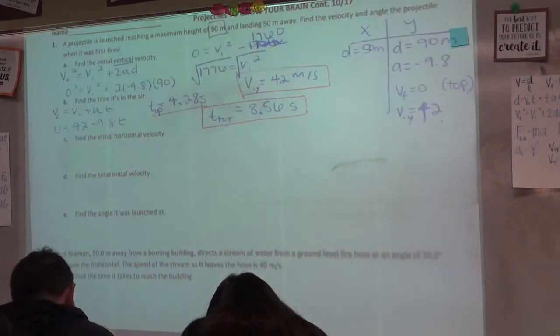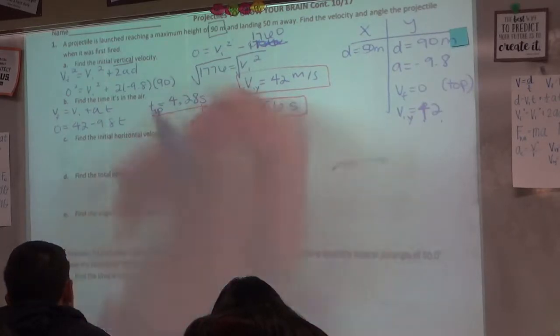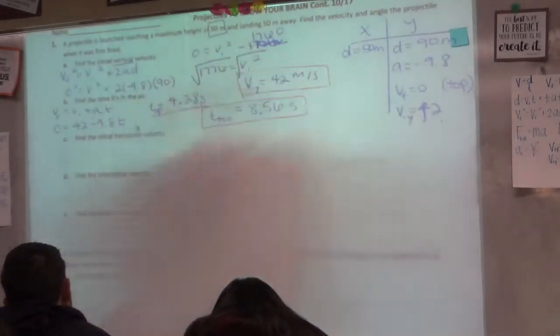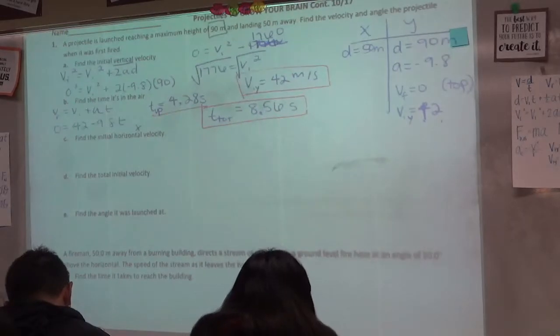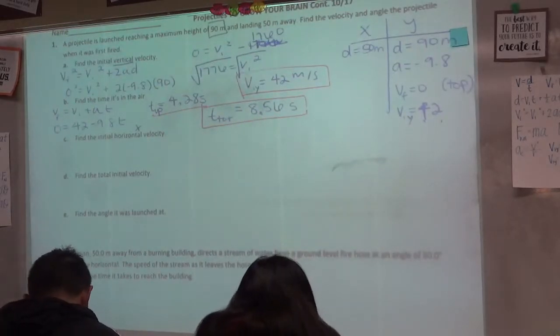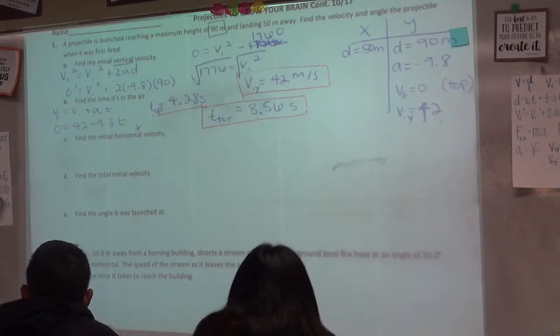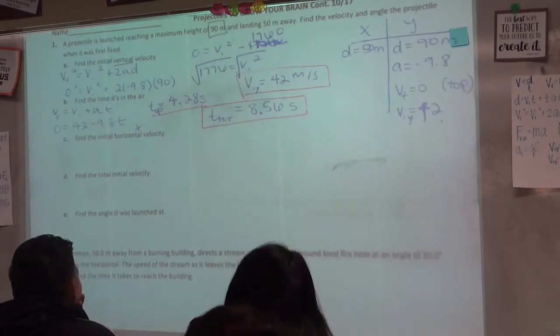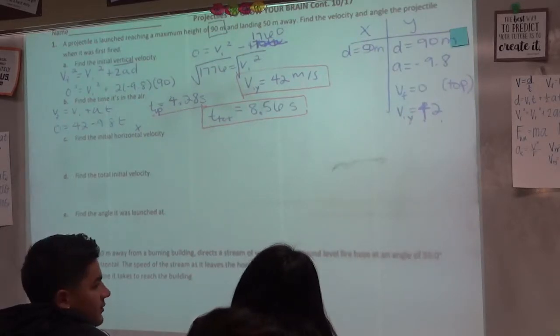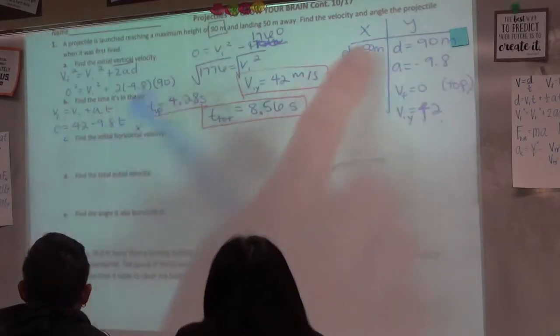C is asking us to find initial horizontal velocity. Horizontal is talking about what? X. I want to know the initial velocity for X. Normally, if we wanted an initial velocity for X, we would use VI cosine, but I don't know the angle, and also I don't know the initial velocity in total. What else could I use to find initial horizontal velocity? V equals D over T, because we have the distance.